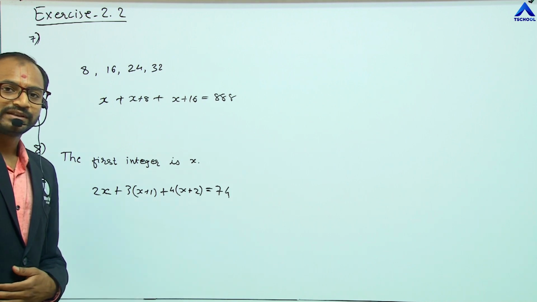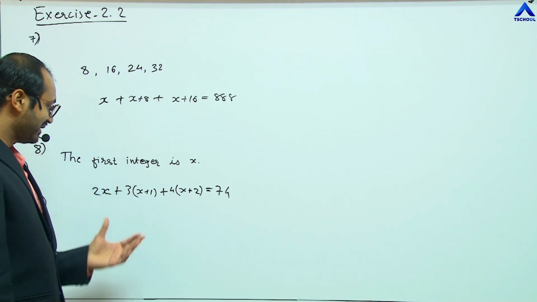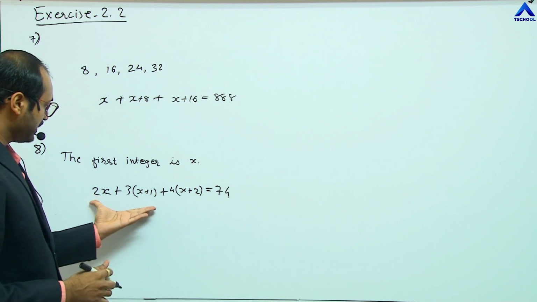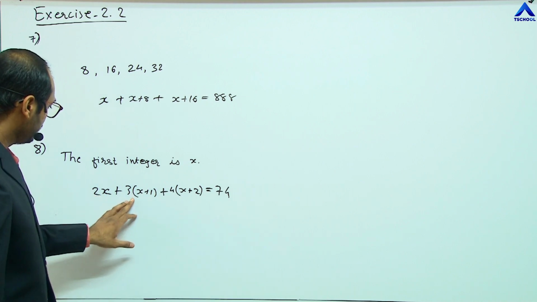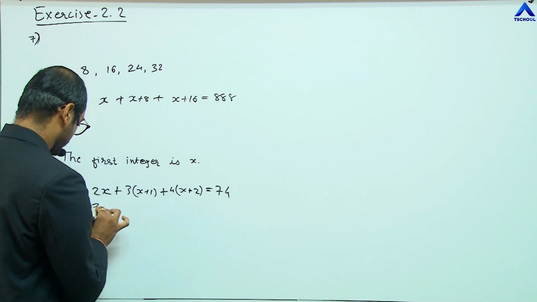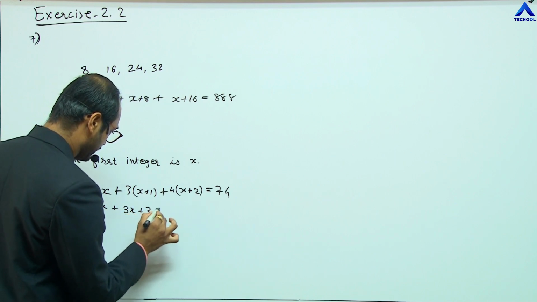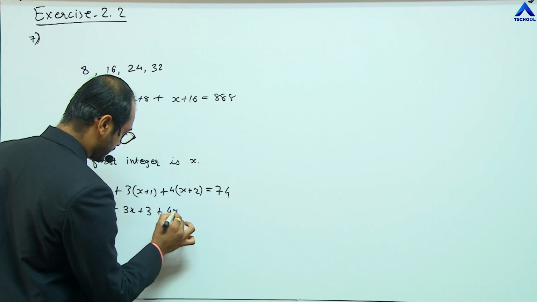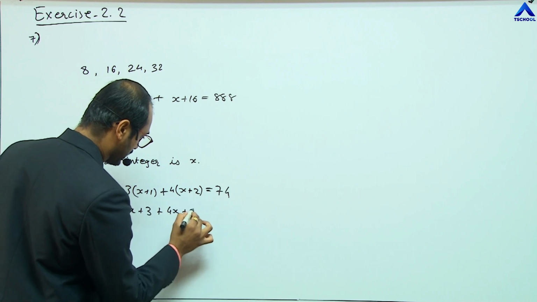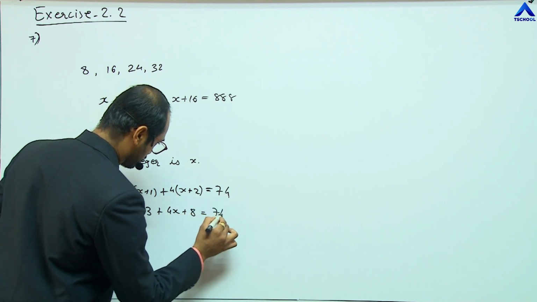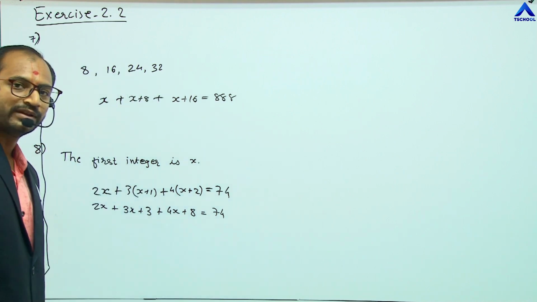That means the addition of these 3 is 74. Now can you solve this? This is a simple equation. Here it is 2x plus 3x plus 3 plus 4x plus 4 times 2 equals 74.